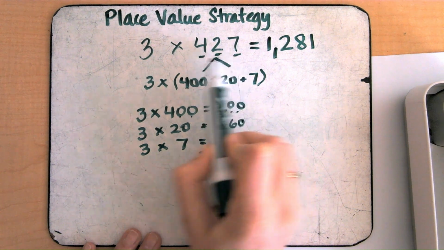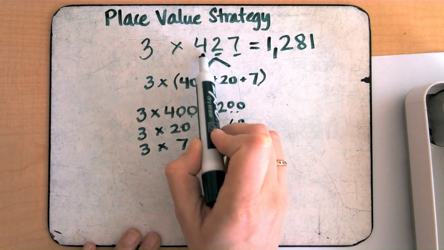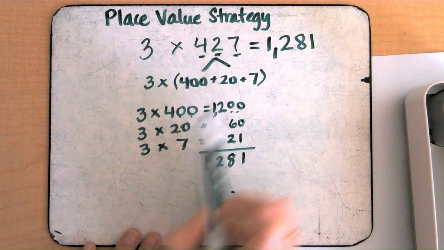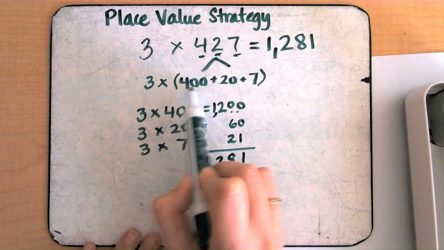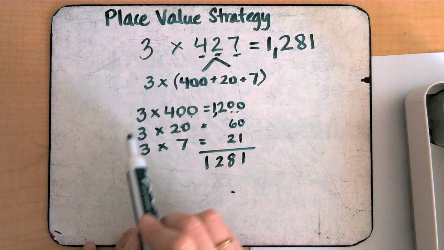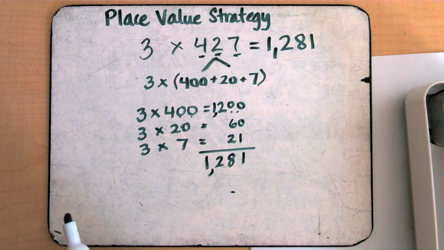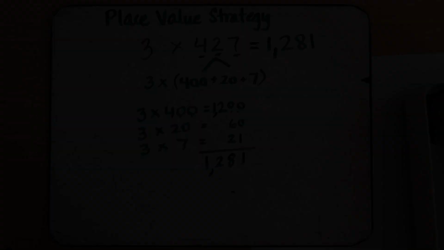We're using place value to decompose this number, 400, 20, and 7, and then we're multiplying each one of these numbers by 3, since that's what's here in our equation. Our answer, 1,281. This is the place value strategy.